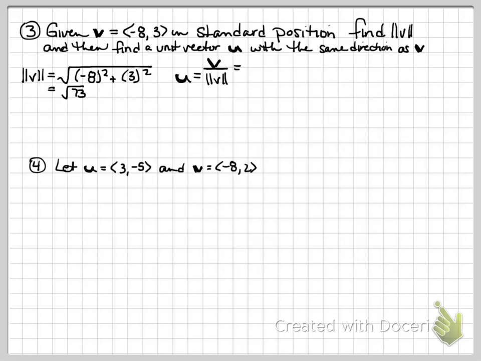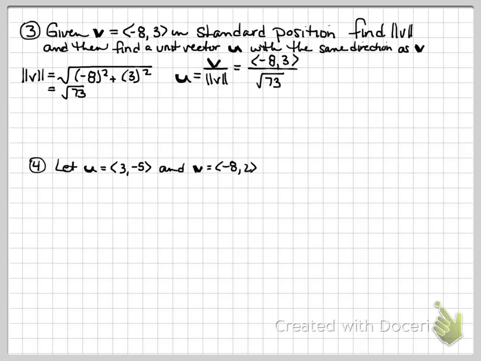So the components of v are <-8, 3>. Be very careful. Make sure you're using the little arrows, the less than and greater than signs. Don't use parentheses. That's going to be divided by the square root of 73. Not 37, 73.